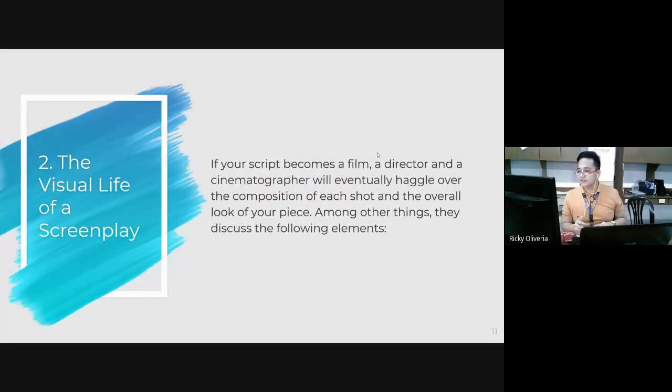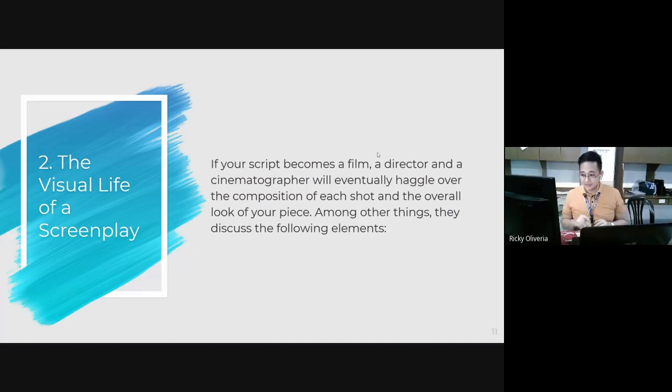So, if your script becomes a film, a director and a cinematographer will eventually haggle over the composition of each shot and the overall look of your piece. Among other things, they discuss the following elements. Let's say, for example, your screenplay, o yung script nyo will be adopted already.